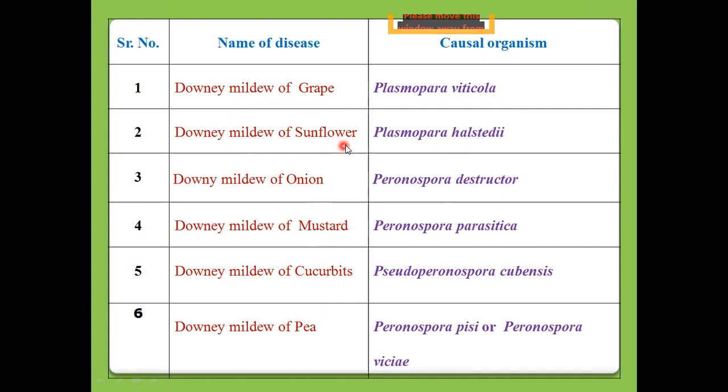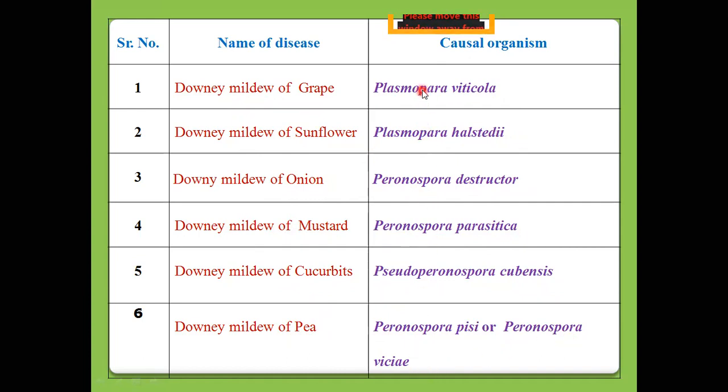Downy mildew of sunflower caused by Plasmopara halstedii. Downy mildew of onion, Peronospora destructor. Downy mildew of mustard caused by Peronospora parasitica. Downy mildew of cucurbits, Pseudoperonospora cubensis. And last one, downy mildew of pea caused by Peronospora pisi or Peronospora viciae.